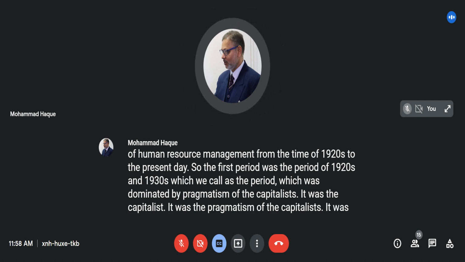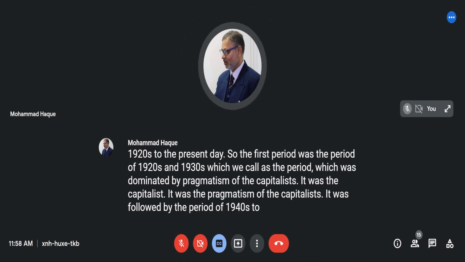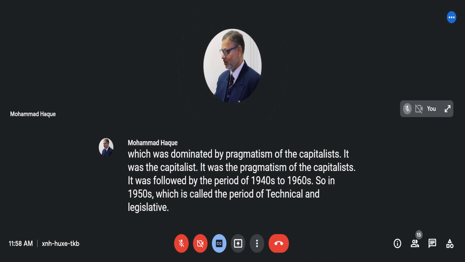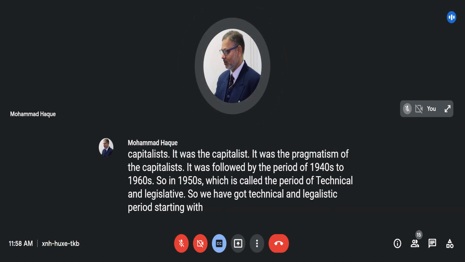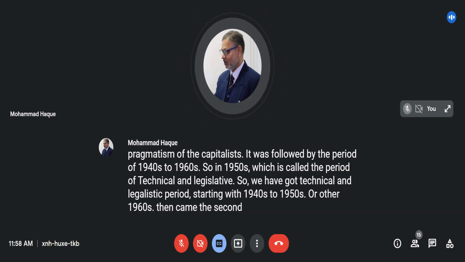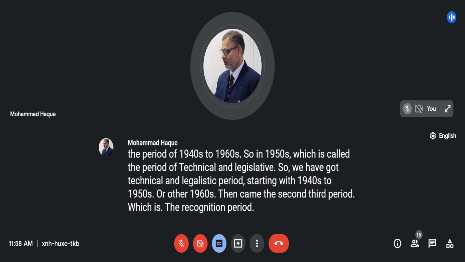It was followed by the period of 1940s to 1950s, which is called the period of technical and legislative. So we have got the technical and legalistic period starting with 1940s to 1950s, or rather 1960s. Then came the third period, which is the recognition period, that is 1970s to 1980s.